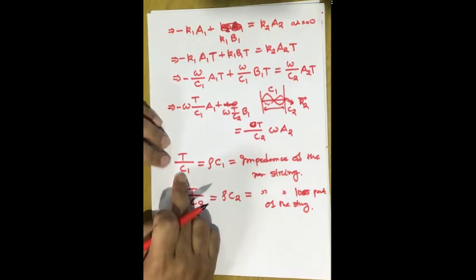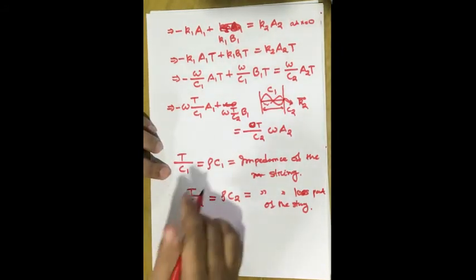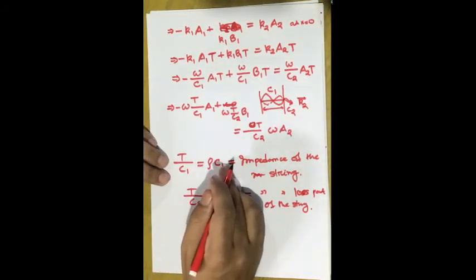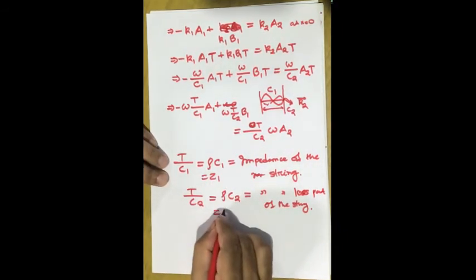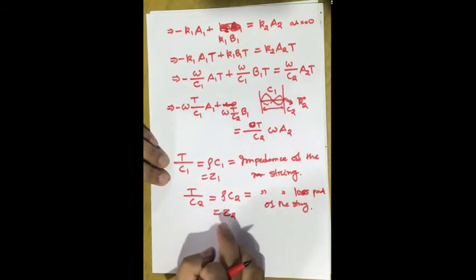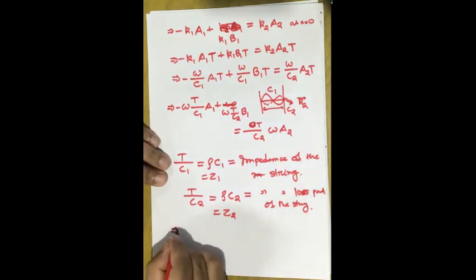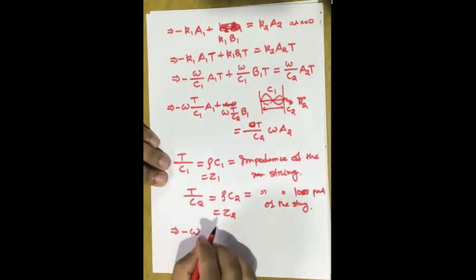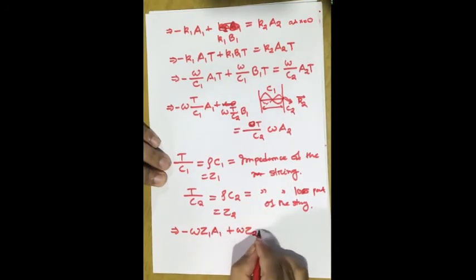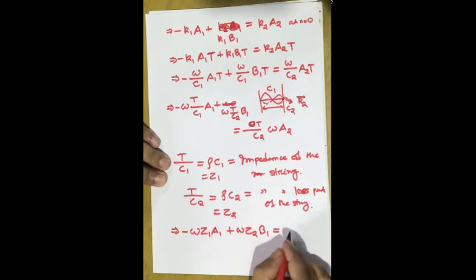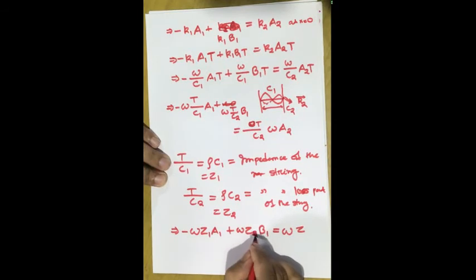Okay, so this is the impedance of the loose part of the string. In place of T divided by C1, we can write rho into C1, which is nothing but Z1, and T divided by C2, the impedance of the loose string, we can write as Z2. Therefore we can write: minus omega Z1 into A1 plus omega Z1 into B1 is equal to omega Z2 into A2.